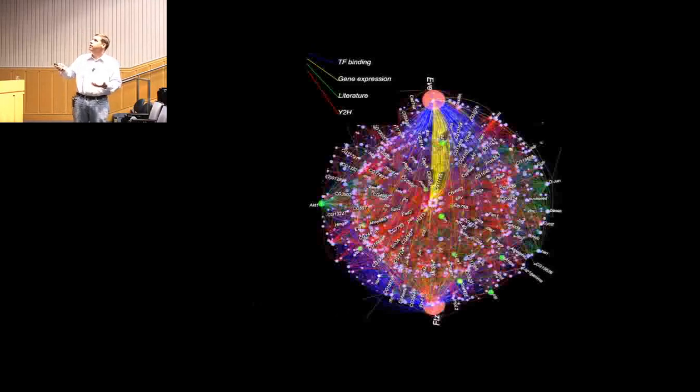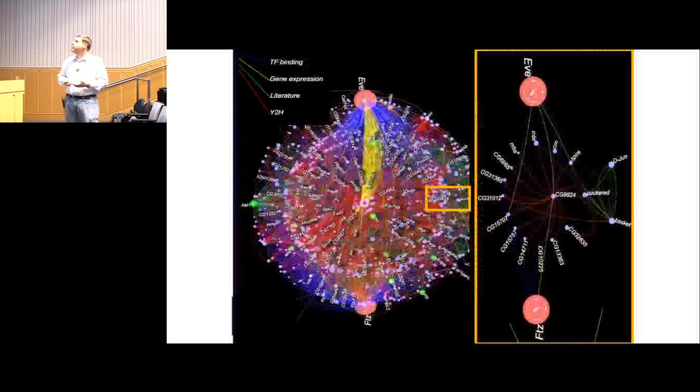But each edge has a probability associated with it that is weighted based on this type of input information. And so what we want to do is explore this network to see if we can find anything new about these pathways that were aforementioned.